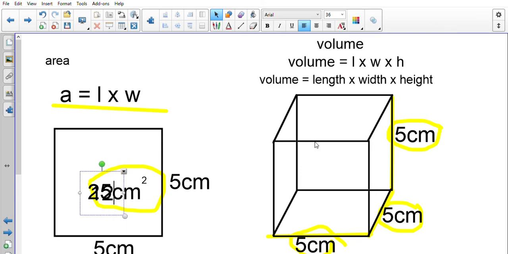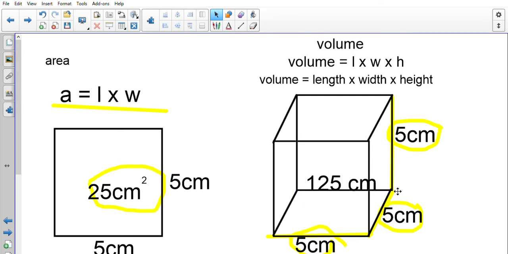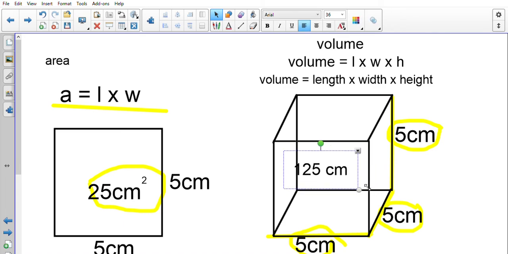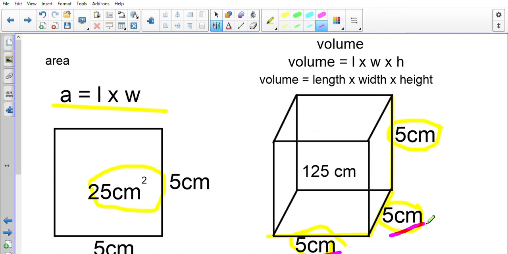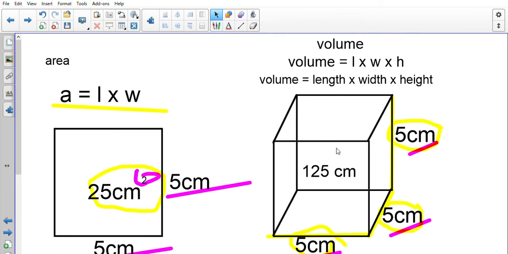So this cube here has a volume of, let's put it in the right place, thank you, 125 centimeters, but it's not centimeters and it's not centimeters squared, because what I have here is centimeters times centimeters times centimeters, and if centimeters times centimeters was centimeters squared, centimeters times centimeters times centimeters is actually going to give me centimeters cubed, in the same way that 2 times 2 times 2 is 2 cubed.